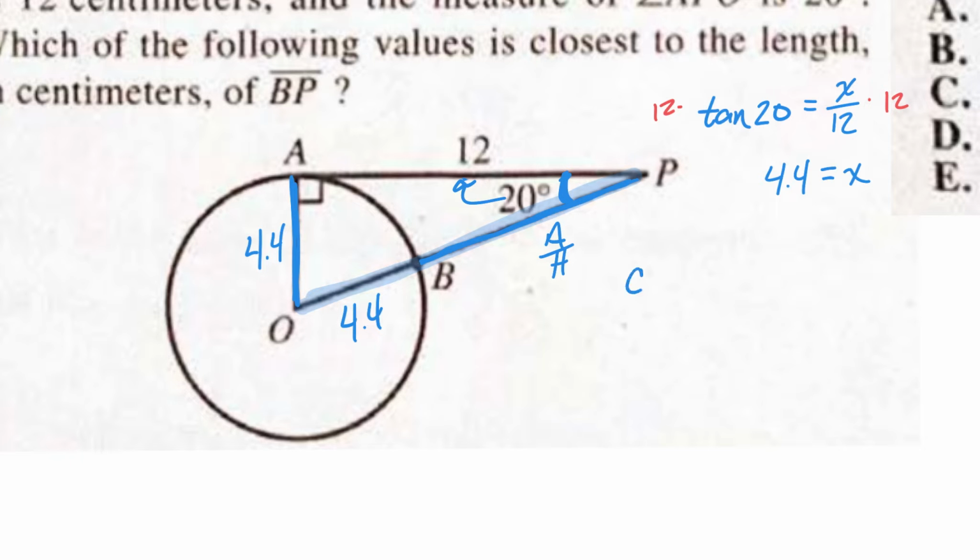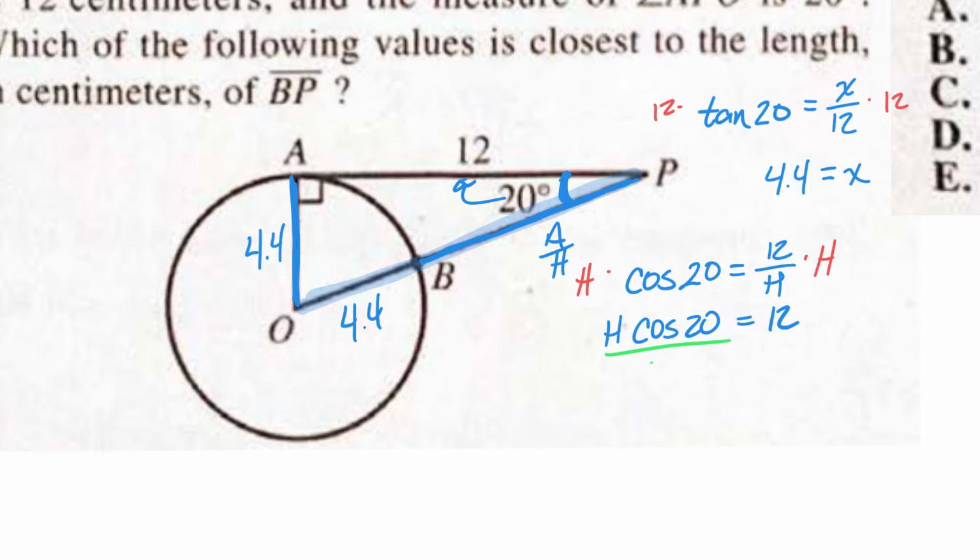So the trig ratio we're going to use for the second one is cosine of the 20-degree angle equals the adjacent side, 12, over the hypotenuse, which we don't know yet. So I'm going to multiply times h on both sides, we have to move the h in order to actually get to it. So we have h cos 20 equal to 12.